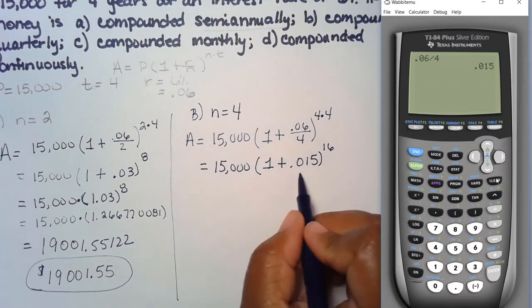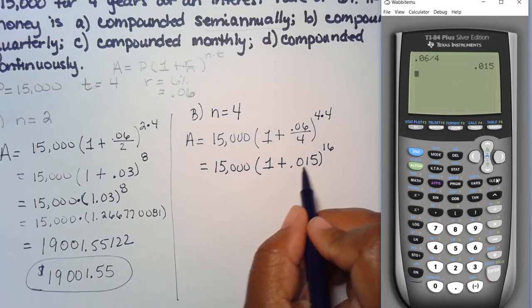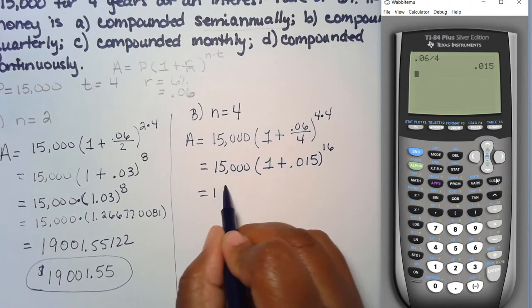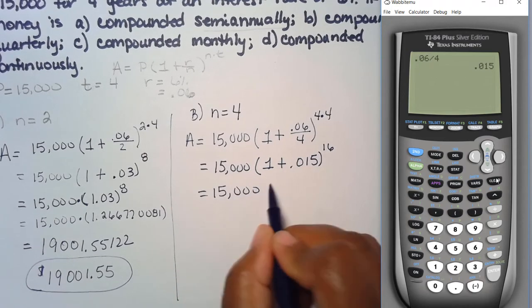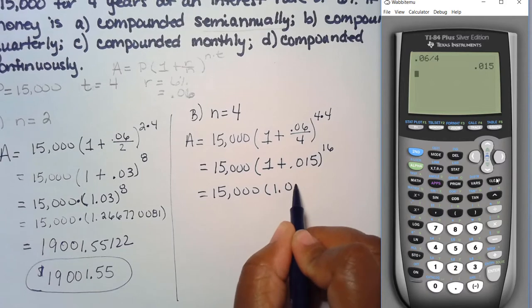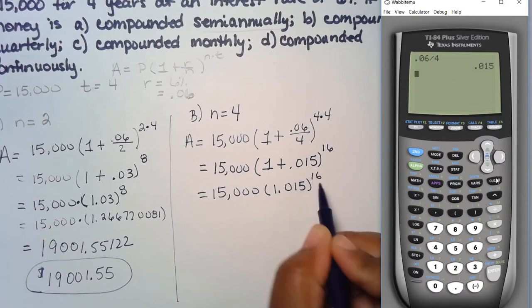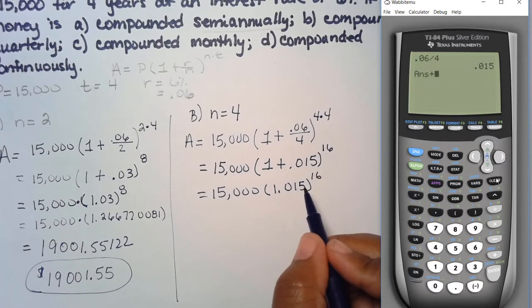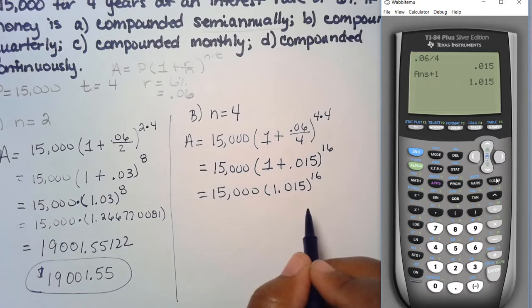Then we're going to add 0.015 to 1. That will give us 1.015 raised to the 16th power. So let's put plus 1, enter, which we verified.